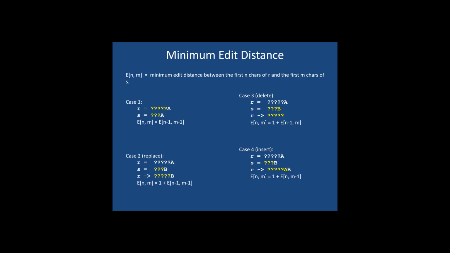So if the 2 strings agree in their last character, we're in luck. We reduced the original subproblem to a simpler subproblem, so we haven't expanded the recursion tree. It's just one-to-one. But if they ended with different characters, we've got three possible edits. We try all three. We make 3 recursive calls.